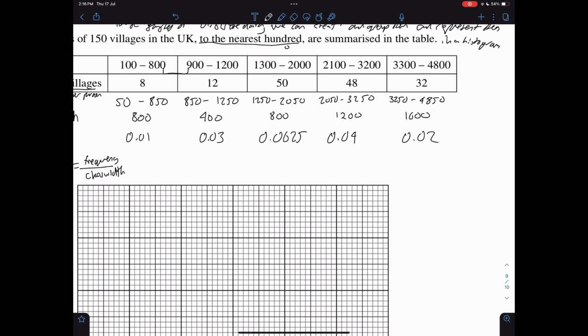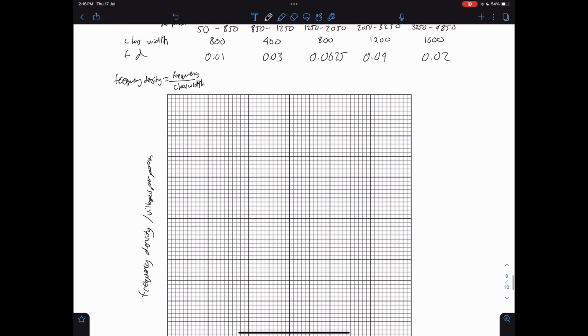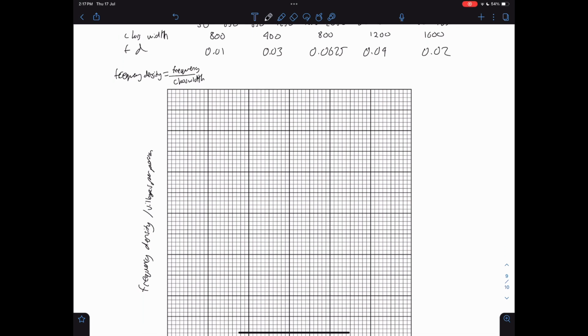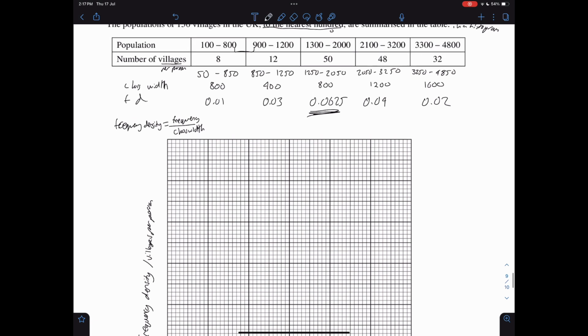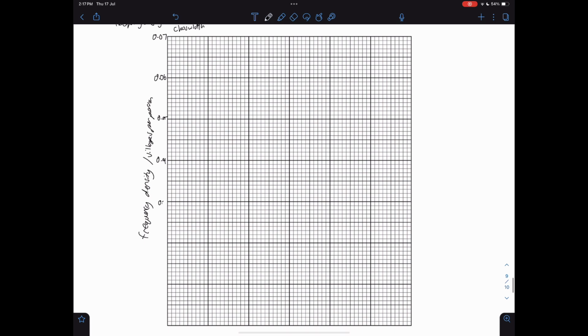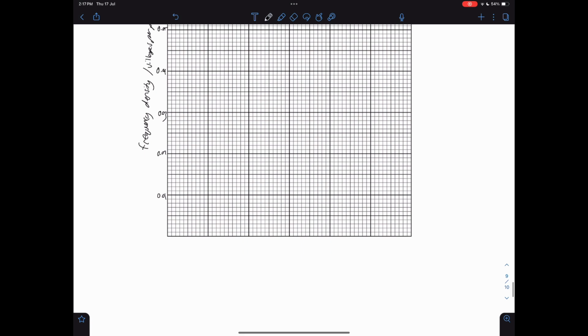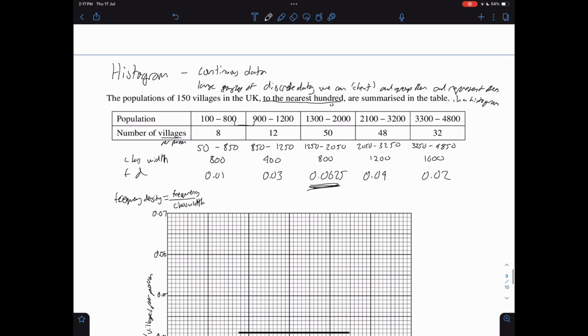So now you need to figure out what scale you're going to use. The highest you need to go up to is this, so 1, 2, 3, 5, 6, 7, okay, so I put your 0.07 at the top, then 0.06, 0.05, 0.04, 0.03, 0.02, 0.01, and 0. And here we're doing population. So we're going from the lowest of 50 to the highest of 4,850.